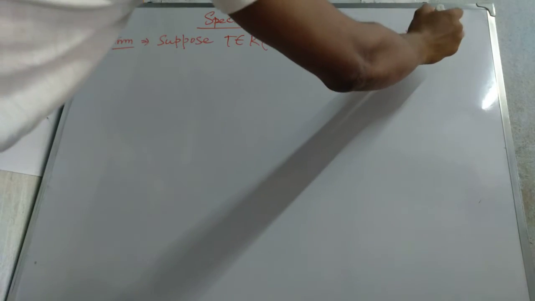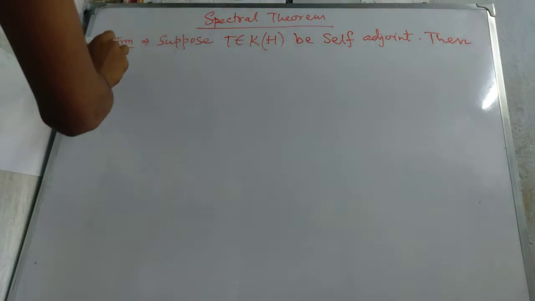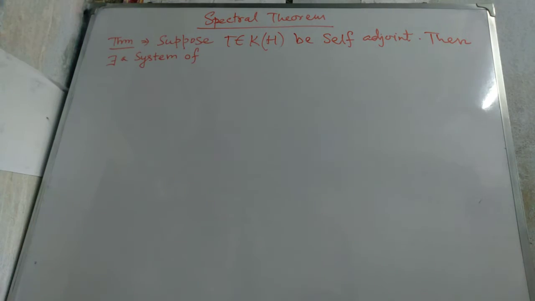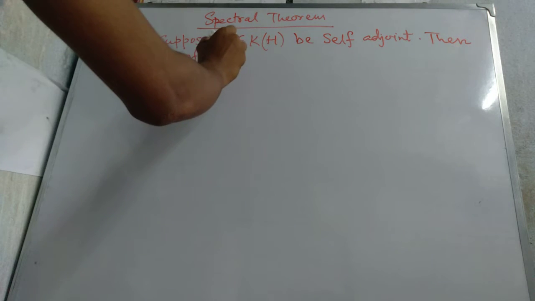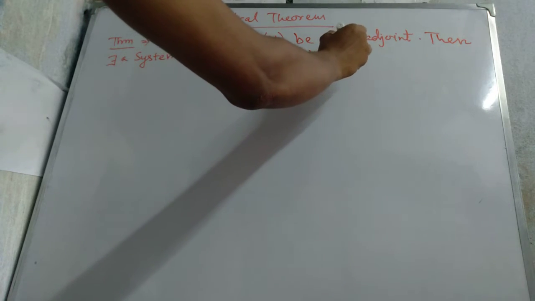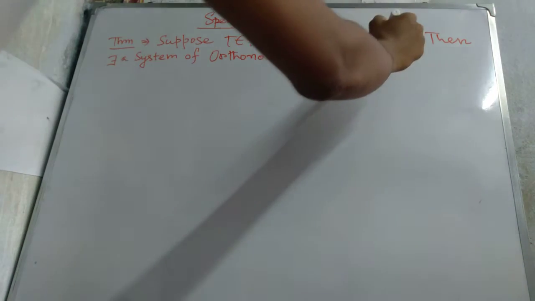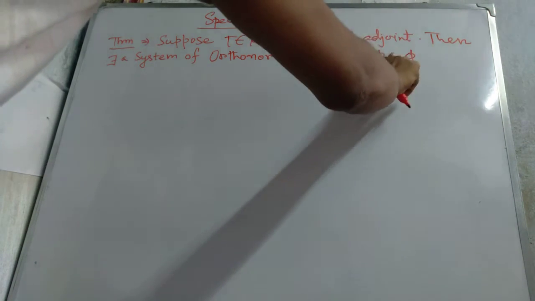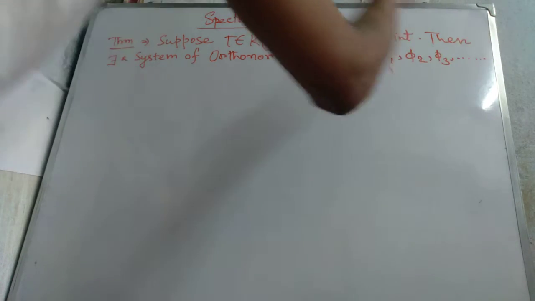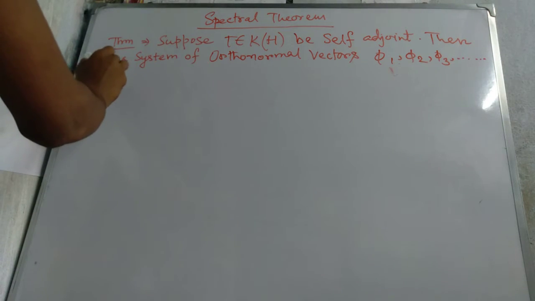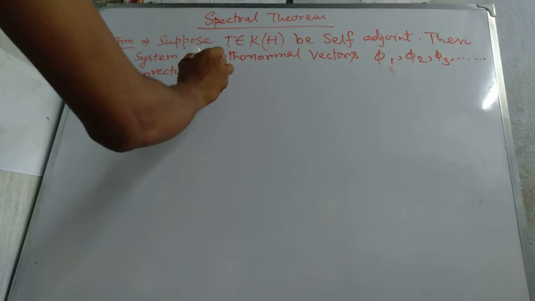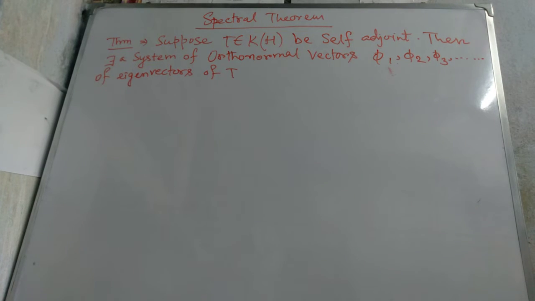Then there exists a system of orthonormal vectors phi 1, phi 2, phi 3, ... of eigenvectors of T. That means those are eigenvectors of T.